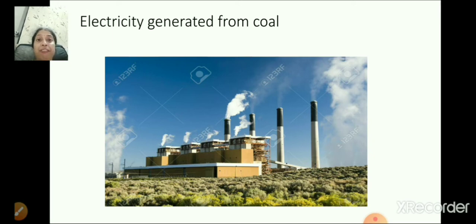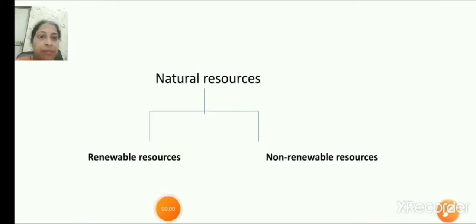So if we finish using these reserves, it will be renewed very slowly over millions of years. So coal is a non-renewable resource. Is it clear? Examples of non-renewable resources are petroleum, LPG and gas. Okay, is that clear, children?